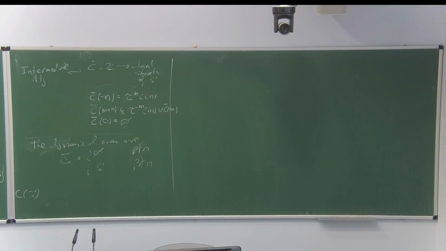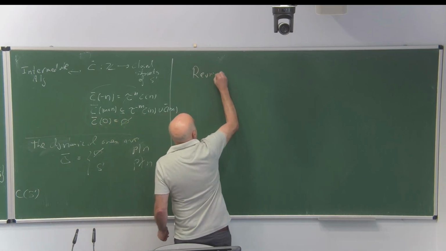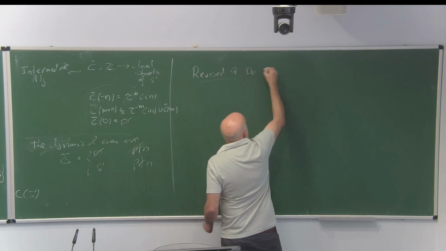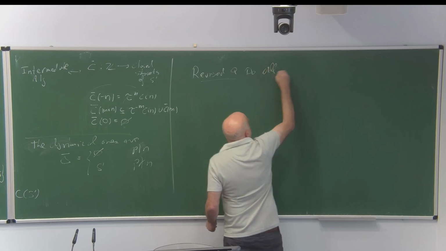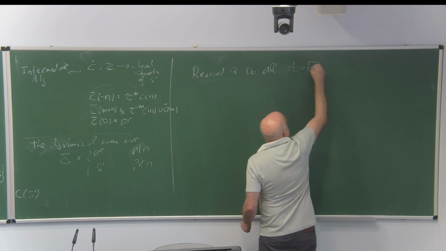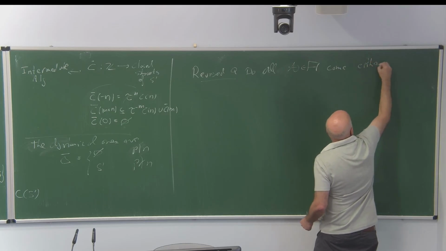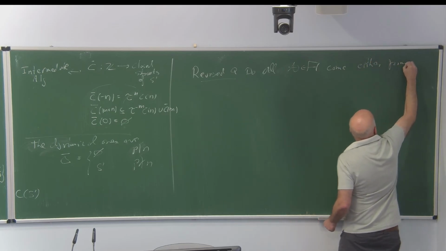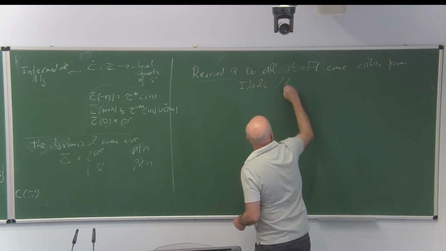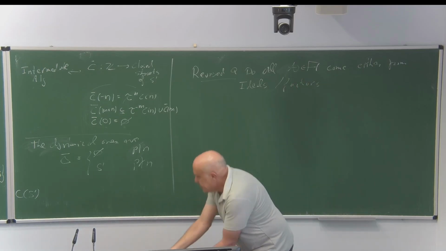So a revised question: do all intermediate algebras A in A come either from ideals or from factors?